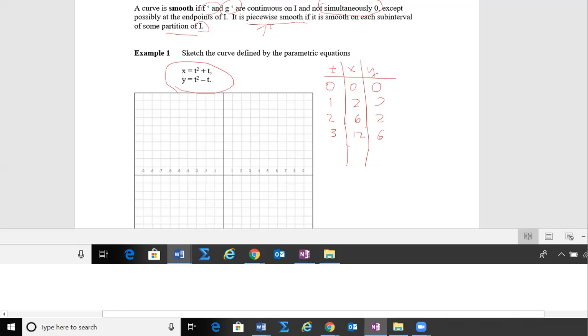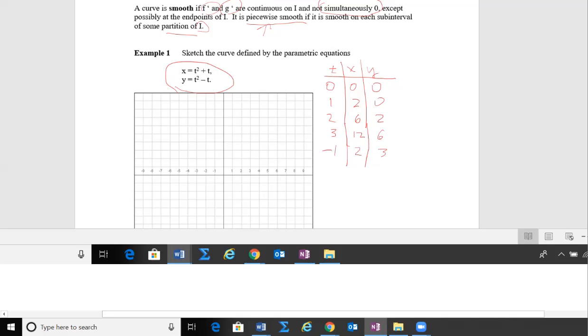We could throw in a couple negatives. Let's do t equals -1. Then x is still 2, but y ends up as a 3? Let's double check that.